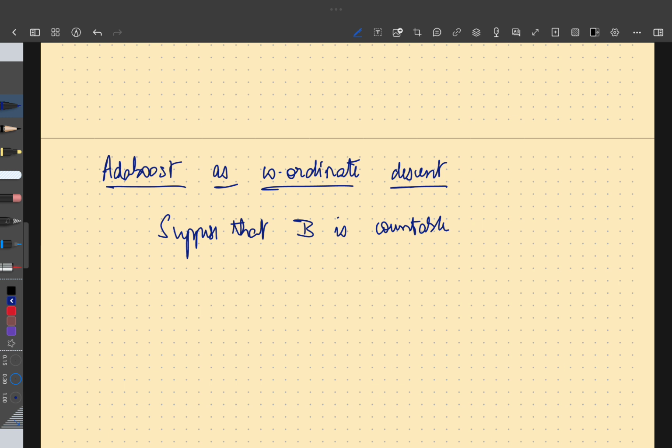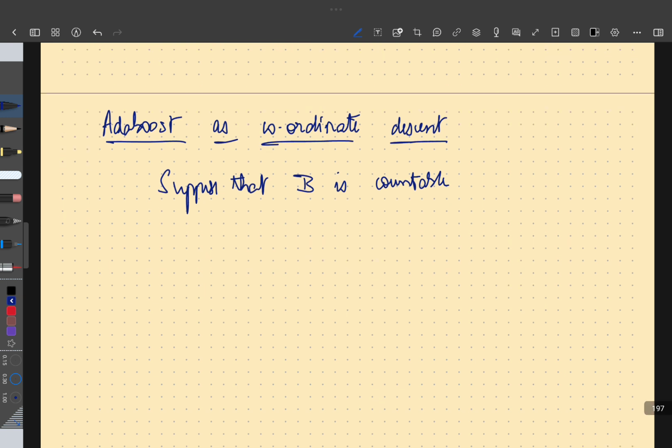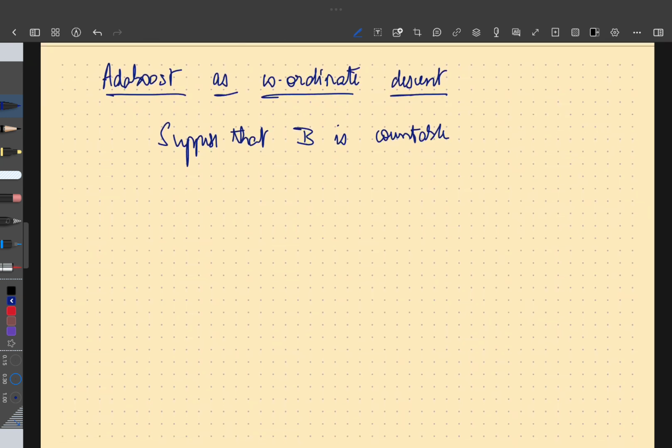It need not be countable, but just to make some notation more convenient, and to give this particular interpretation as coordinate descent, let's suppose that B is countable. So you can always write the output of AdaBoost in this particular form.